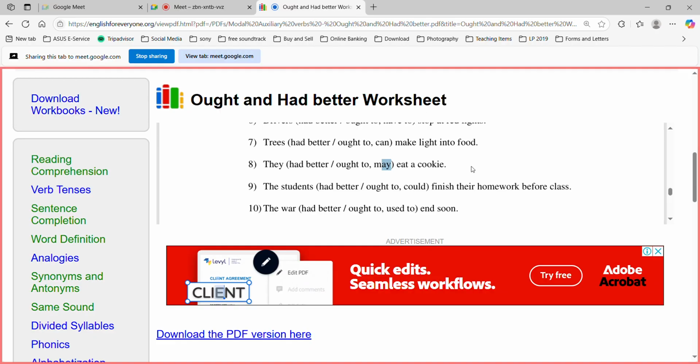Mereka boleh makan biskut. Alright, number 9. The students had better, ought to, could finish their homework before class. I think you can answer this question. Yes, good. The students had better finish their homework before class. Okay, number 10. The war had better, ought to, used to, and soon.